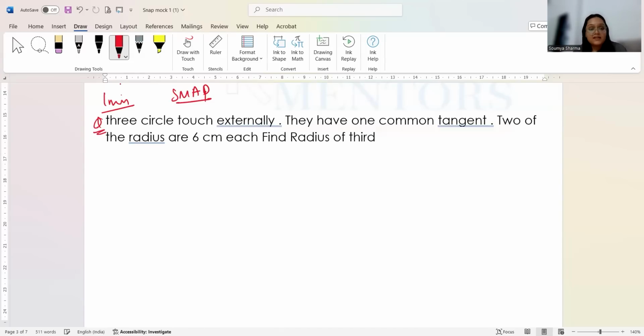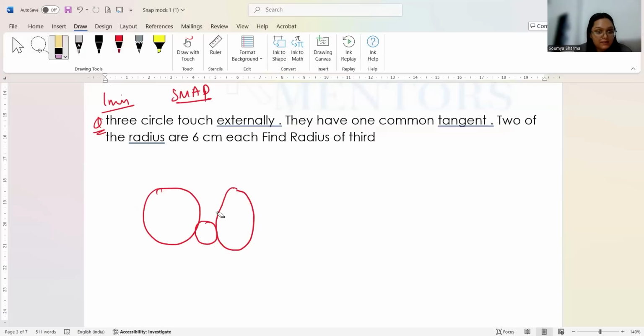So 3 circles touch externally. So how will the 3 circles touch externally? Okay, wait, I'll draw it clearly. This also has to be touched. Then they have one common tangent.